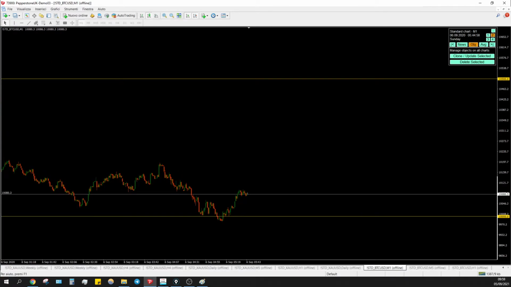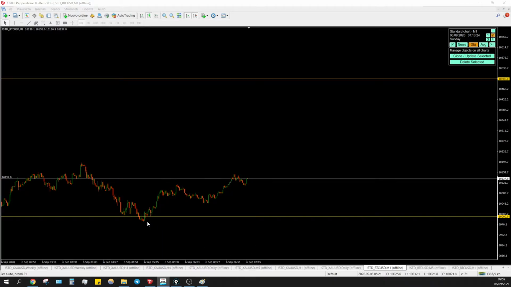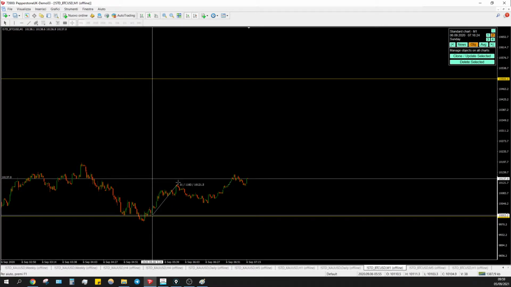We are sort of reacting here. As you can see, again, PPL, break deep below, break retest, and then up 11, 14 pips.